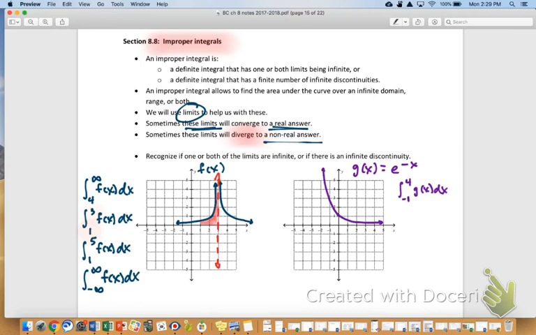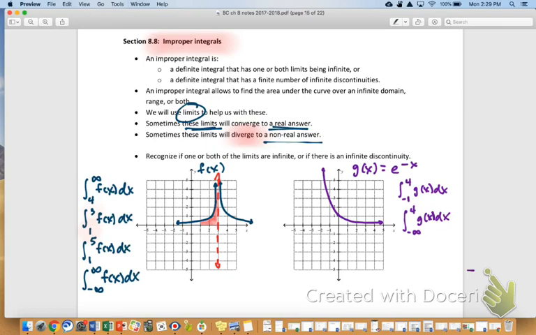But maybe I should ask you guys this. What would be a good example of how this could turn into an improper integral? Negative infinity to 4. All right, the integral from negative infinity to 4 of g of x dx. That would clearly be improper, right? So now we're talking about from the far left edge of the graph, beyond that even, as far to the left as you could go, and then even past that up to 4.